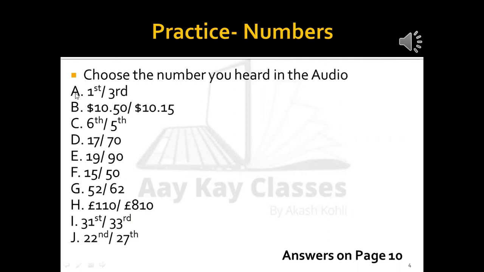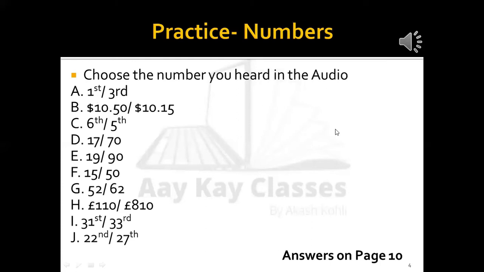Please write on your copy A to J, and please pause the video and write down A, B, C, D, E, F, G, H, I, and J, and then write down the correct answer in the notebook, right? If it is first, then write first, or if it is third, then please write third on your copy, and so on. You need to go for these 10 questions now. So I'm going to play the audio. Good luck.